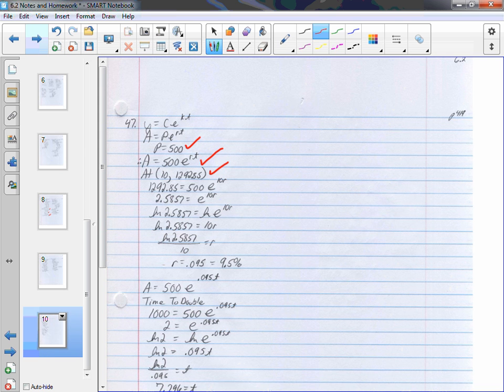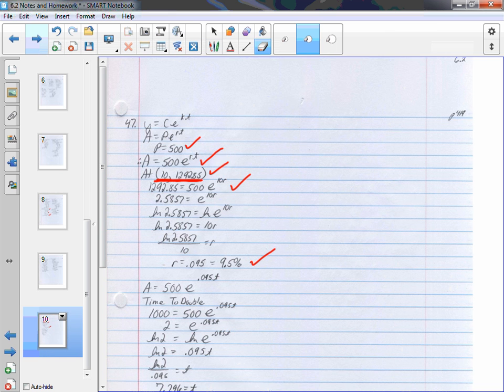So they're telling me the point 10, 1,292.85. So I can solve for r by putting 10 in for t and $1,292.85 in for A, which gives me that. And then it takes a few steps, but I get to solve it for r.